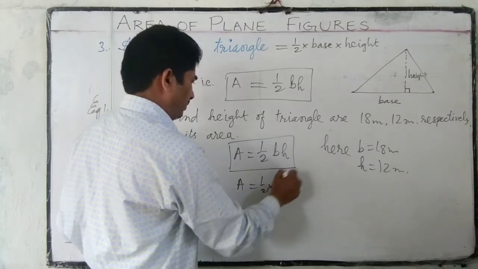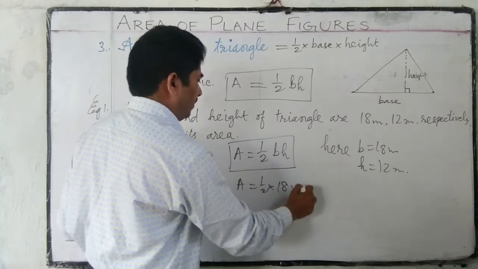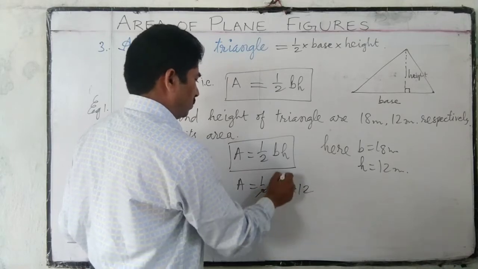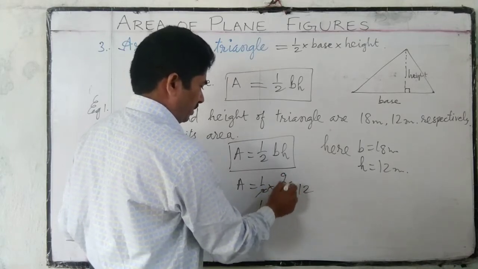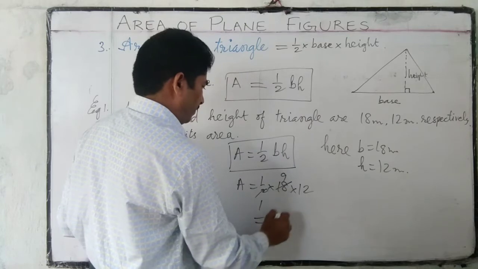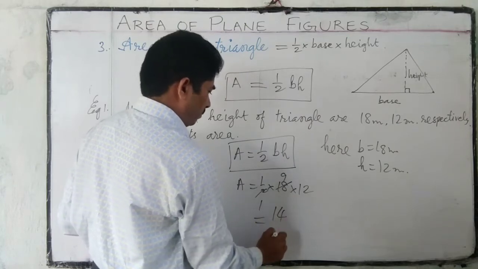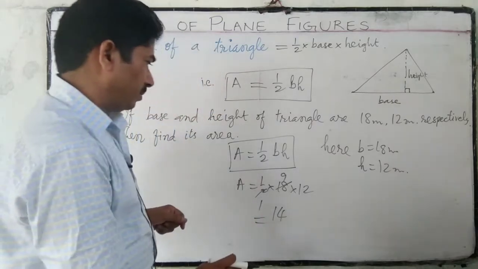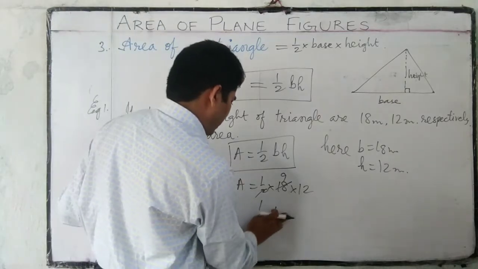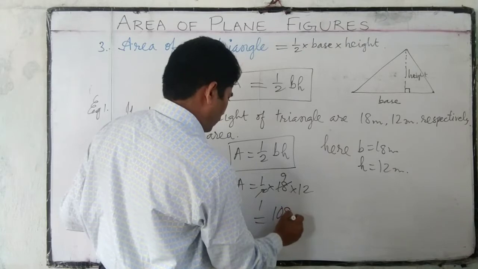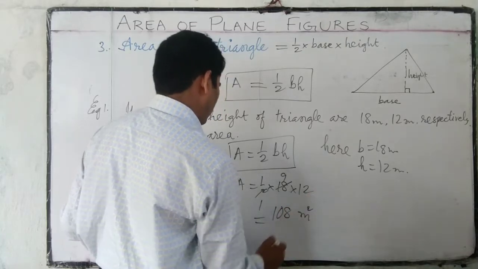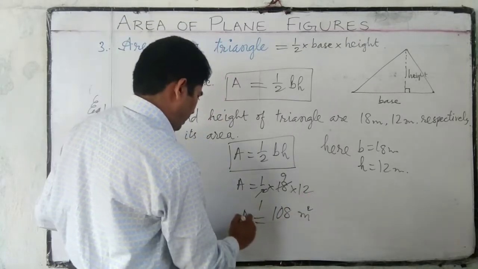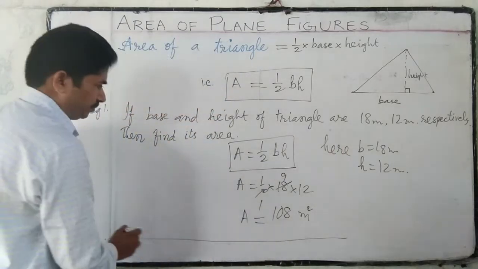Half into base 18 into height 12 meters. So 2 ones are 2, 9 twos are 18, 12 nines are 108 meter square area. This is the area.